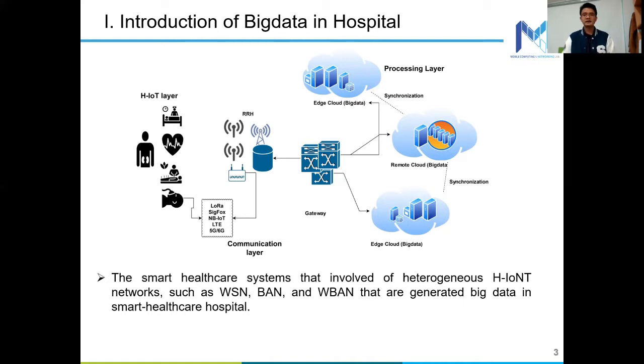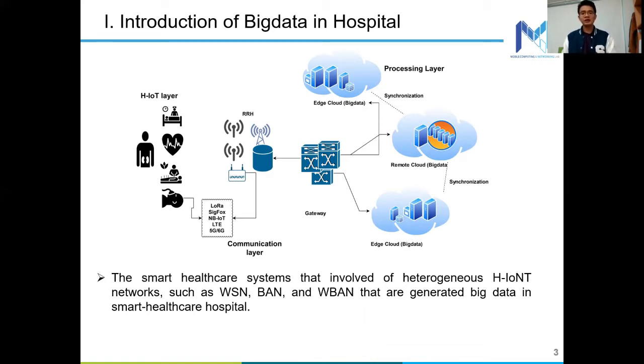So in a smart health system, real-time evaluation of the human health will be required. So there are many entities that have to be considered on the user side to send the real-time information to the hospital data center, and the previous information of the human health has to be stored in order to keep track of the human health status.